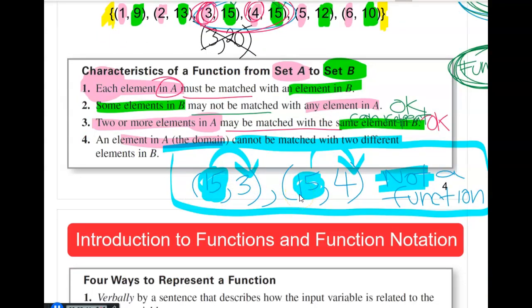So I could give you some little shortcuts. So if you see that, let's make this number 5. X's cannot repeat.